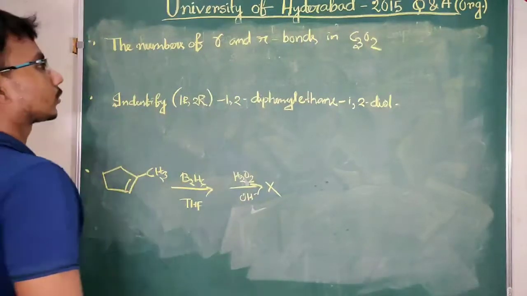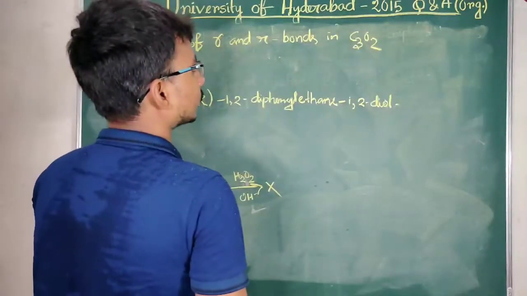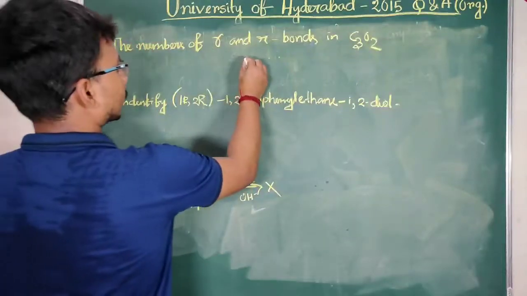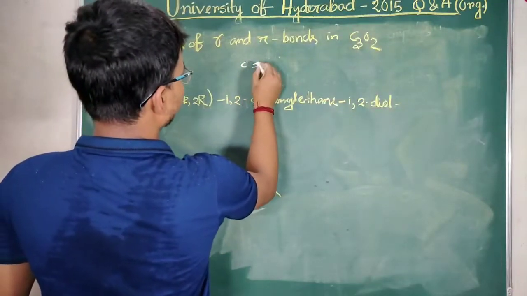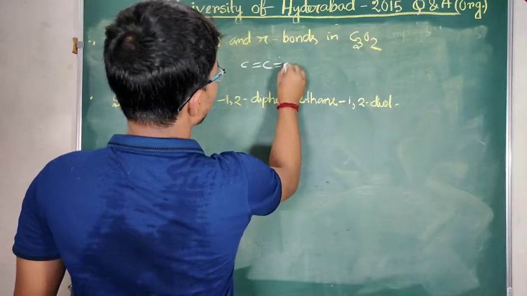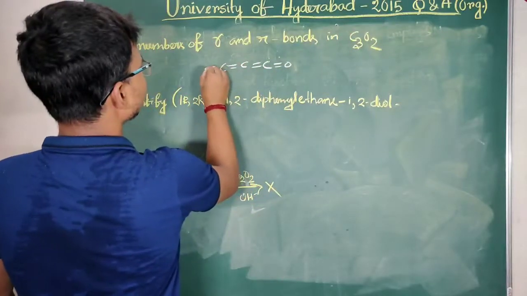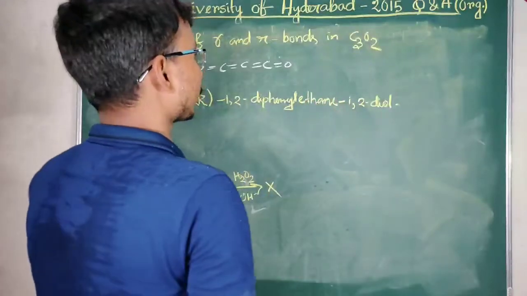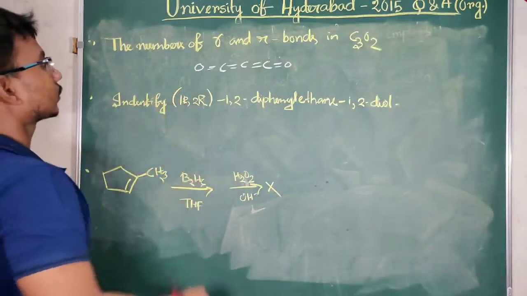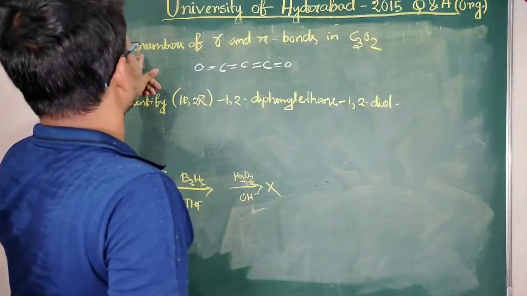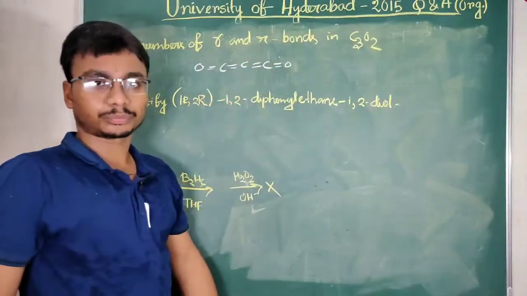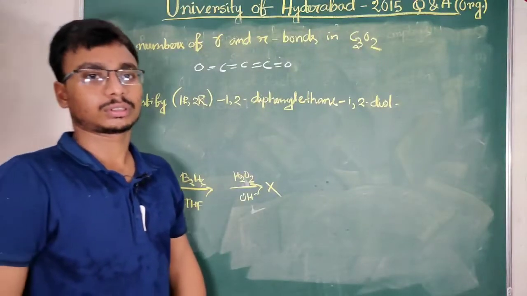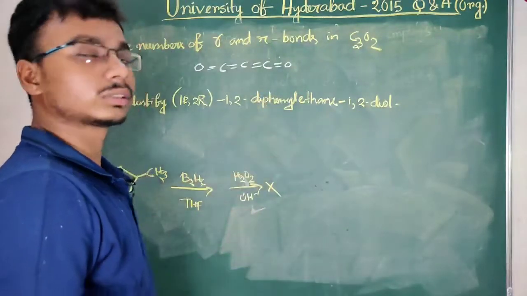What is the number of sigma and pi bonds in C3O2? What is C3O2? It is carbon suboxide. At first we have to know the structure. This is C3O2, a purely linear structure. They ask for the number of pi and sigma bonds, so you can easily find them. It's an 11th class question.